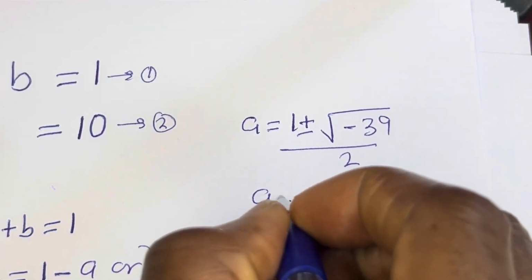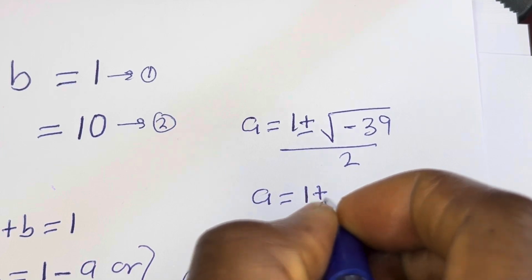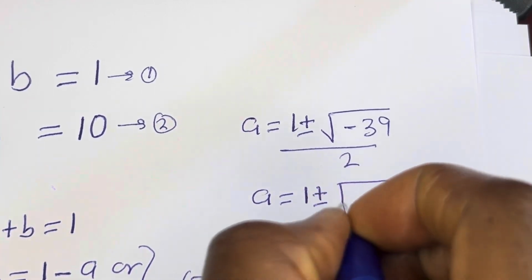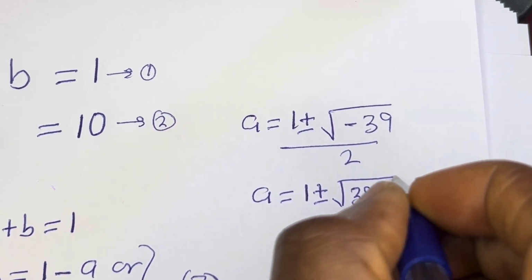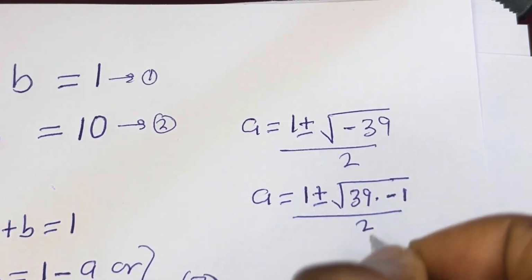Now a is equal to 1 plus or minus, this can be written as square root of 39 multiplied by minus 1, over 2.